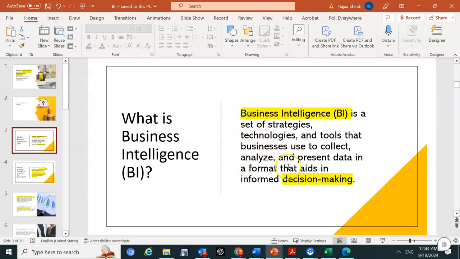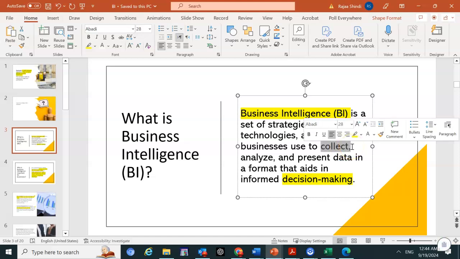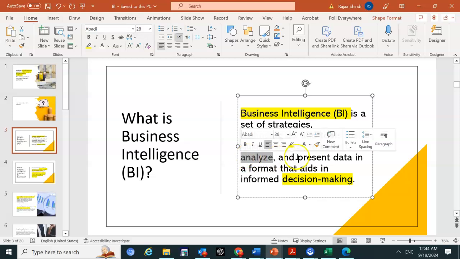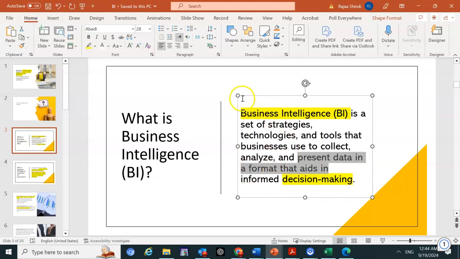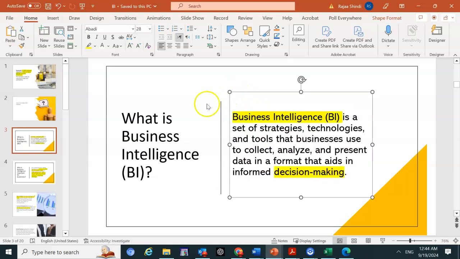Business intelligence is a set of strategies, technologies, and tools that businesses use to collect data, analyze it, and present it in a format that aids companies in making decisions, informed decision making. So that's the official definition of BI.